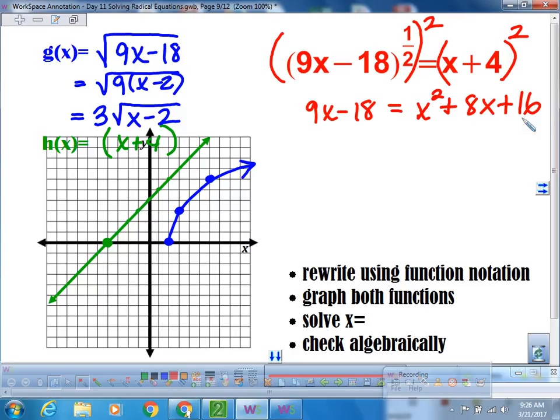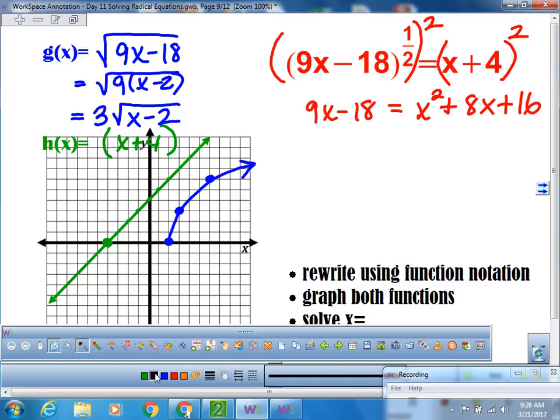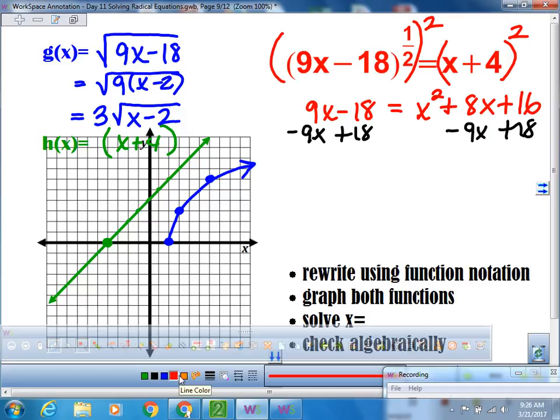So now I'm going to add 18 to both sides and subtract 9x. So add 18. I shouldn't have skipped that step last time. Minus 9x. Minus 9x. And we are left with 0 equals x squared minus x.